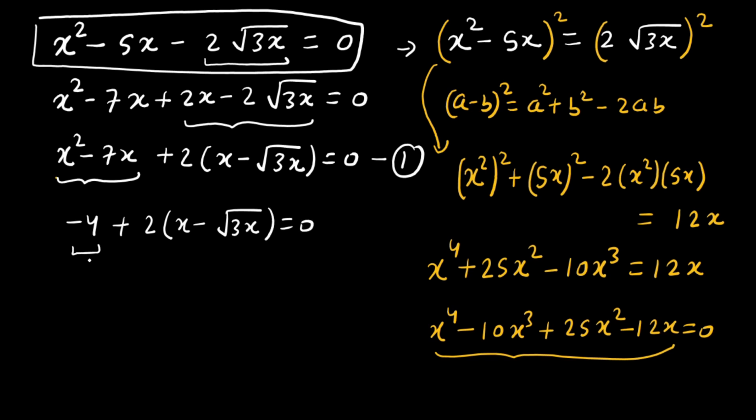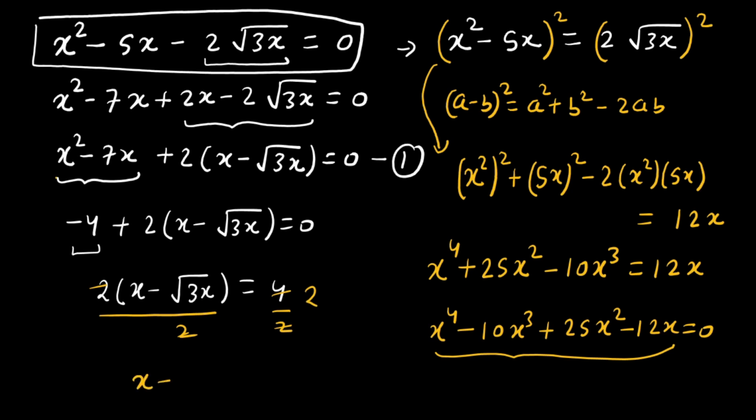If we take this minus 4 to the right hand side, then this is plus 4, and in the left hand side 2x minus square root of 3 times x equals plus 4. Now if we divide both sides by 2, then in the left hand side this 2 and this 2 cancel out and 4 divided by 2 gives 2. Then the value of x minus square root of 3 times x equals 2. So this is our final answer.